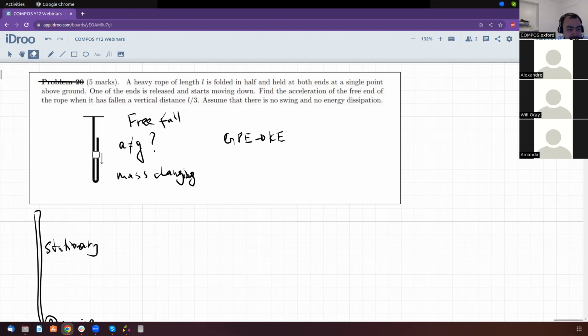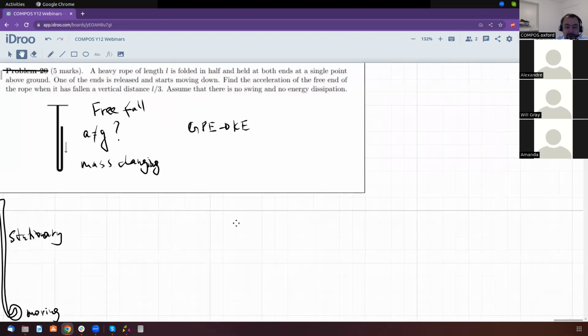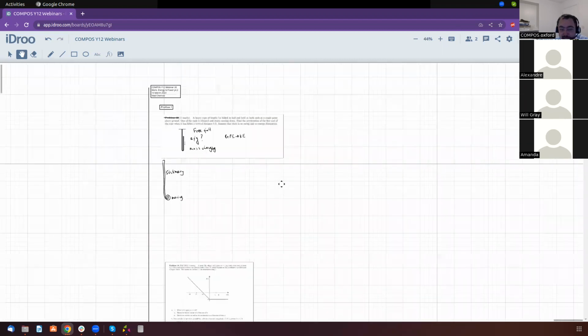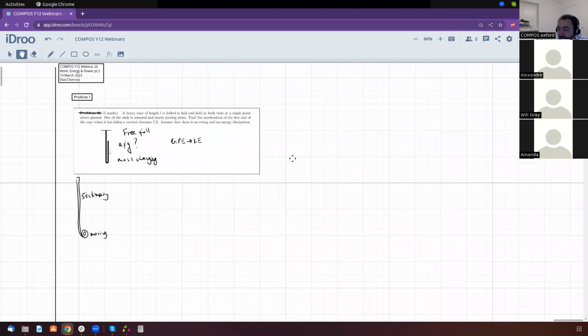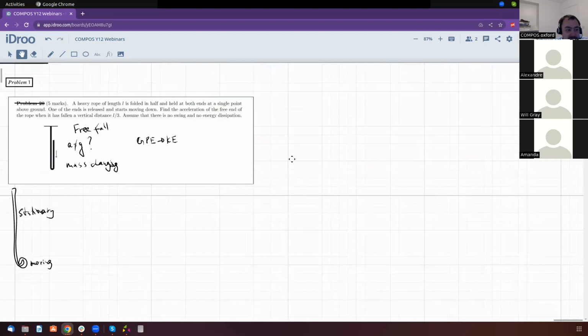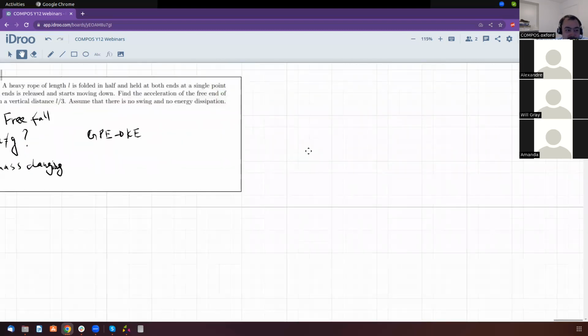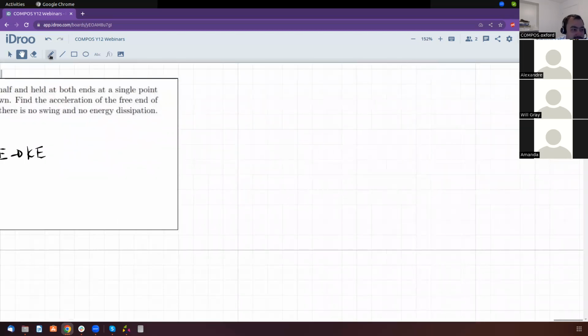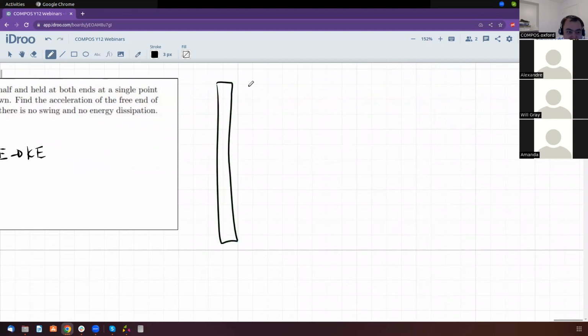All right. So let's work through this problem. It's a big one. It's not easy. So at any point, if you lose me, please ask questions, because I don't want you to get lost. Do tell me if you don't understand something. So we have the rope. We're going to model it like this. Initially, we have two pieces of rope. We can ignore the bottom bit.